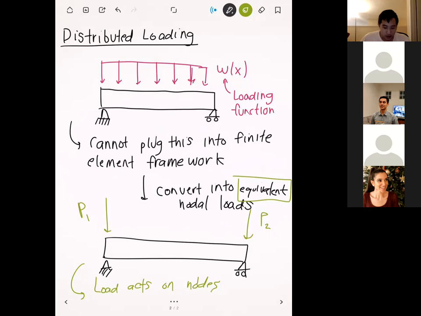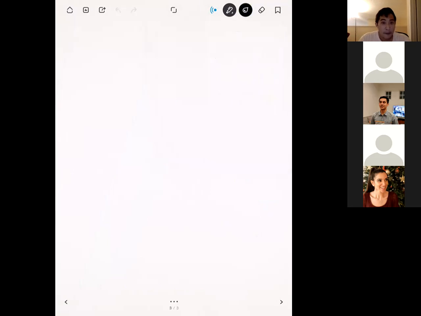So what do I mean by equivalent? When I say equivalent, what I mean is the work that they do is equivalent. We're talking about work equivalence here.